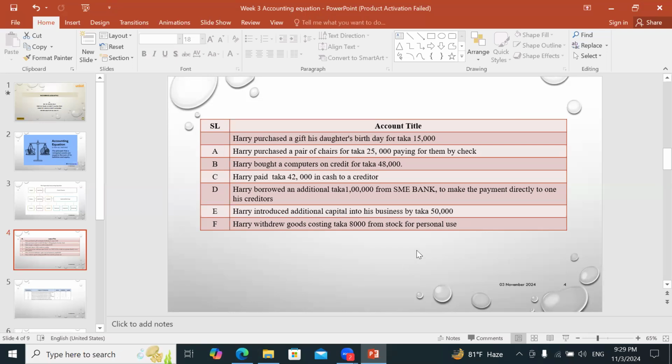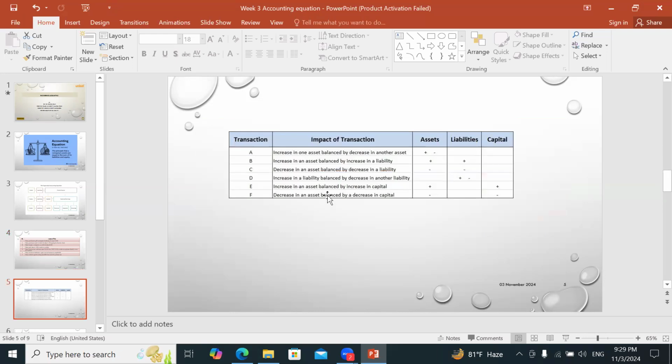So here is the drawing, retained earning minus, and cash minus from your cash box. You see decrease in asset, decrease in capital. Both sides minus. Is it clear or not?